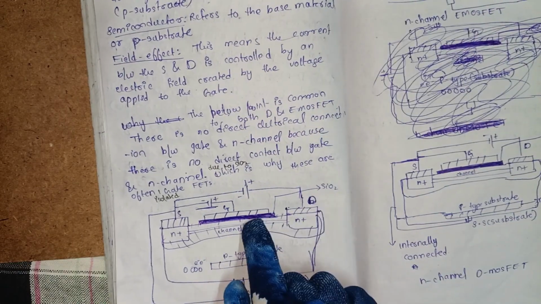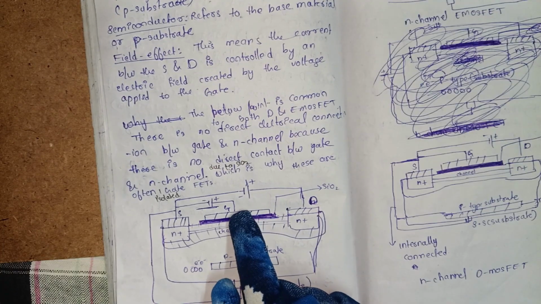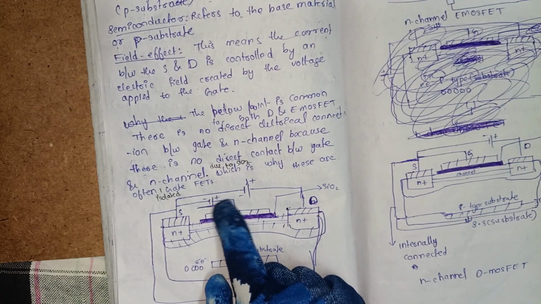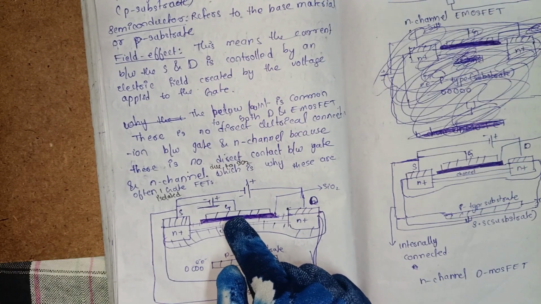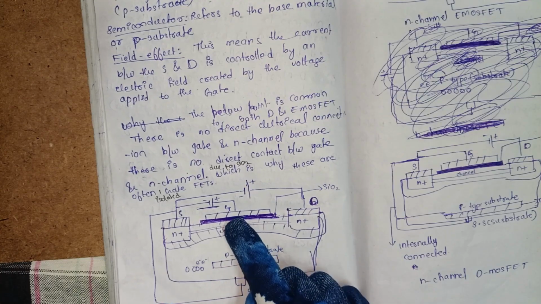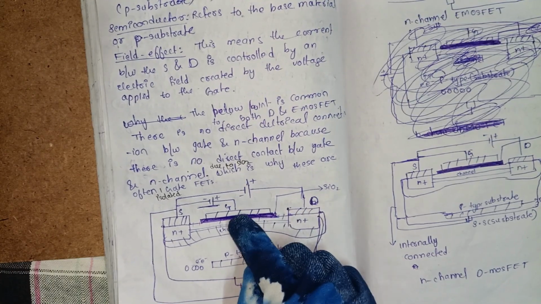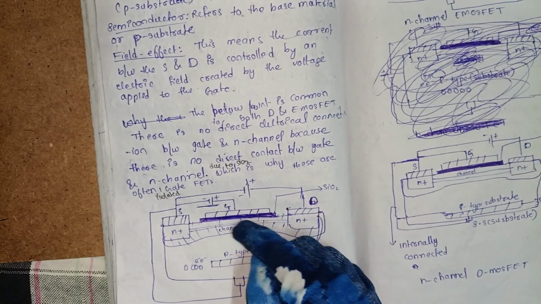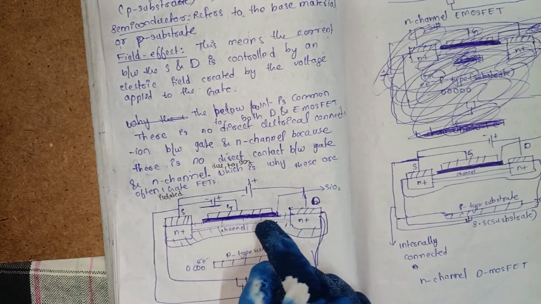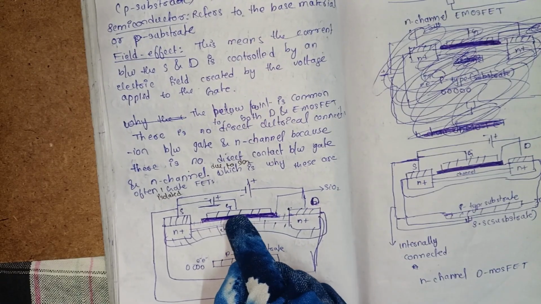Here is the silicon dioxide. This negative voltage pushes the electrons deeper into the p substrate. Here is the p substrate above the channel.